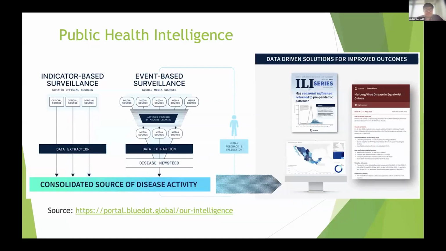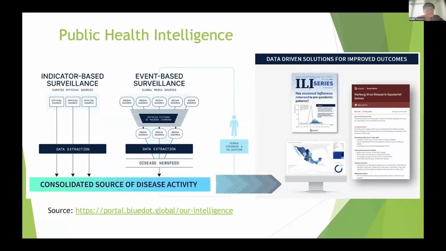And also with multi-source data, public health intelligence is another framework that combines indicator-based surveillance and event-based surveillance.